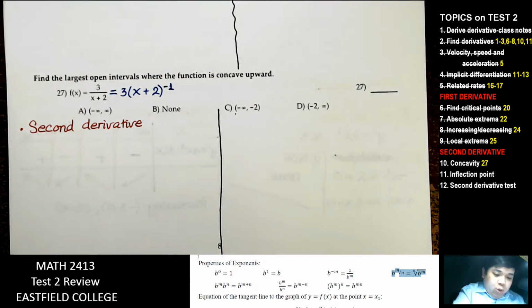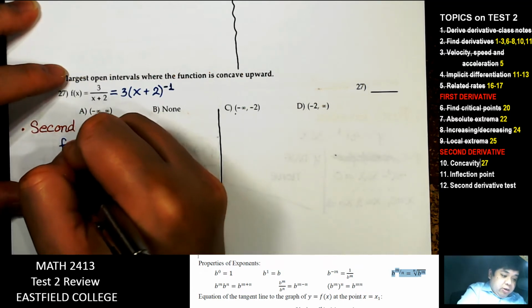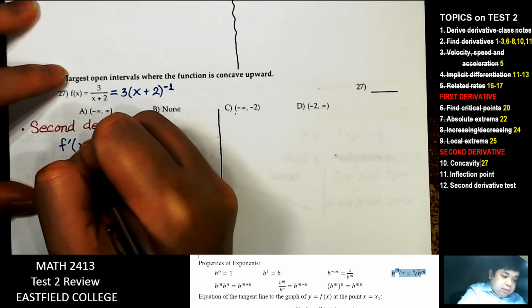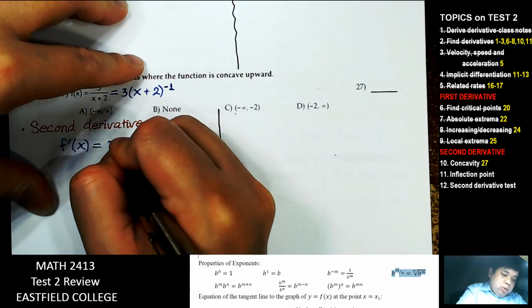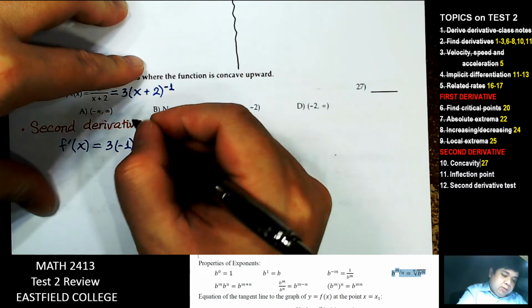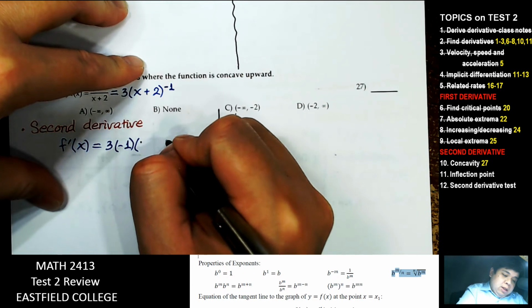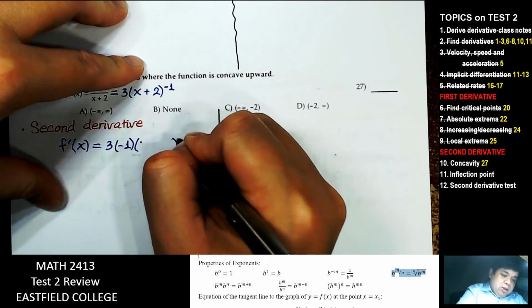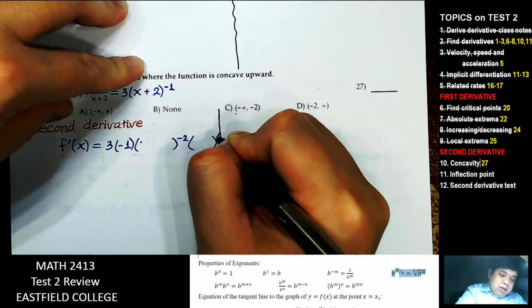Hmm. 26 is similar to this, so the derivative is a lot easier to do. So we take the derivative. 3 and the parentheses like that, so we take out the negative 1, and then we have the parentheses to the negative 2 and the derivative of the parentheses.